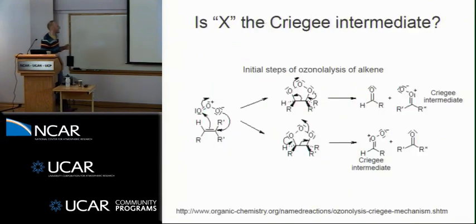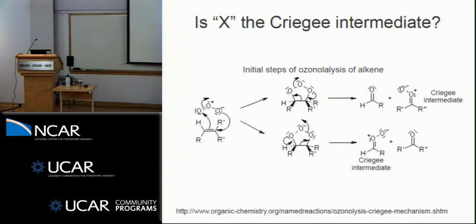And so they brought up the question: is this extra oxidant X what's called the Criegee intermediate? The Criegee intermediate is formed when you have alkenes in the atmosphere that undergo ozonolysis. Trees give off terpenes and isoprene that have these alkene groups and can form these Criegee intermediates. With ozonolysis, what you end up forming is an aldehyde or a ketone, as well as what's called the Criegee intermediate, which they call a biradical.